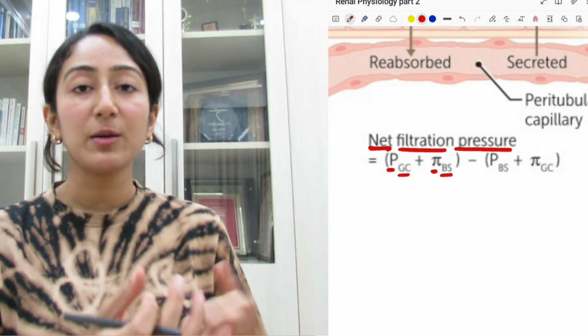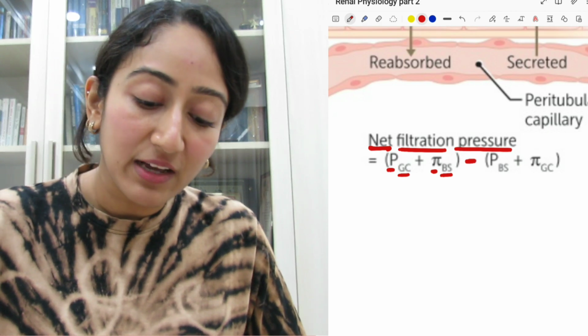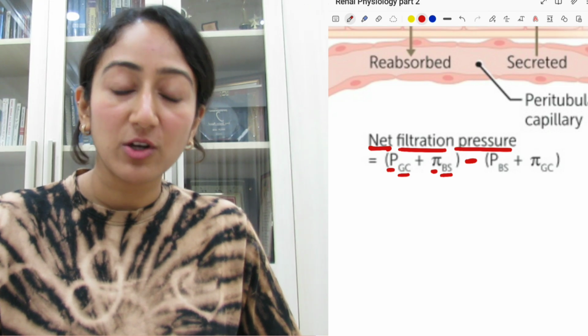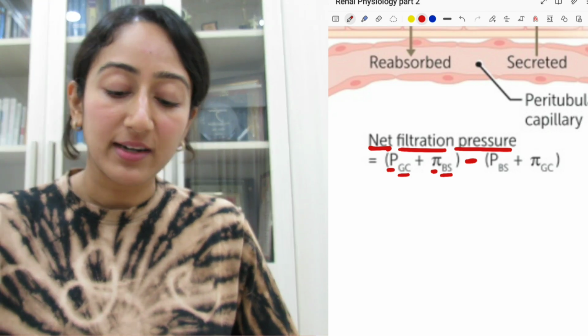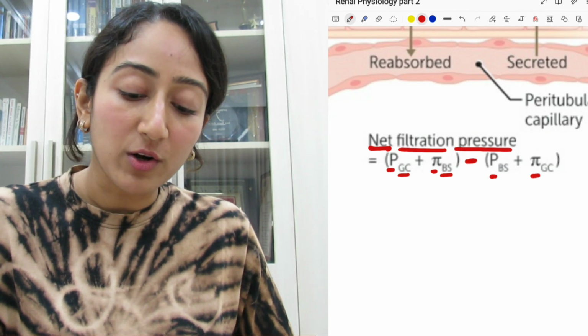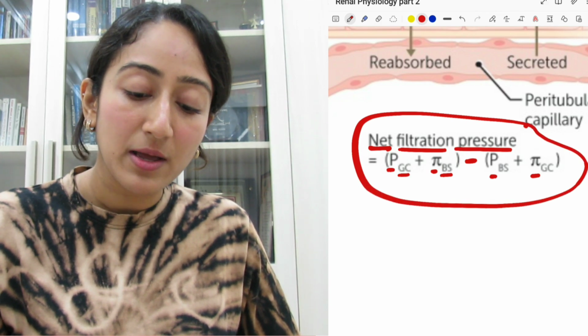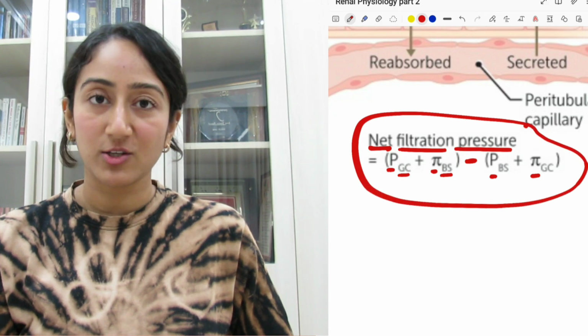These two pressures are pulling the filtrate into the Bowman's capsule, and they have subtracted the pressure in the opposite direction. That is, your hydrostatic pressure of the Bowman's capsule will push it away, and the oncotic pressure of the glomerular capillaries, right? So this is your net filtration pressure, and I hope you guys understood this concept.